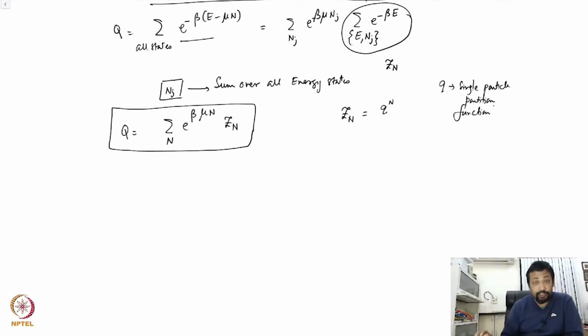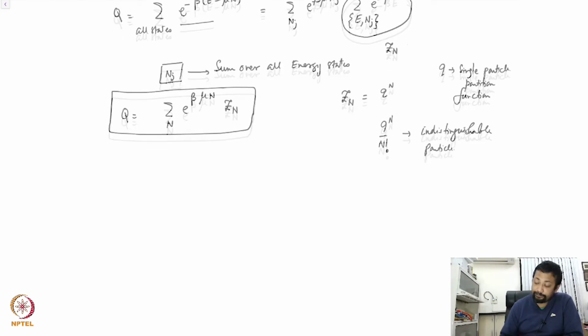When we did the canonical ensemble, I had represented this single particle partition function with capital Q, right? And depending on whether you have a distinguishable set of particles, you will have q to the power n, or you will have q to the power n over n factorial for indistinguishable particles, right?